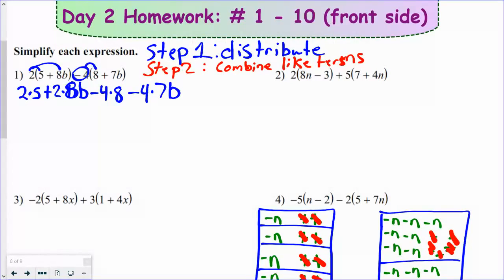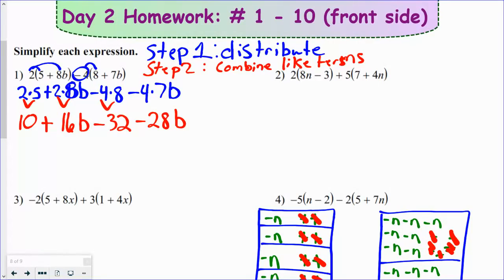So first I need to go through and actually multiply. 2 times 5 is 10. Plus my 2 times 8b. If I had 2 groups of 8 bananas, I have a total of 16 bananas. 4 times negative 8 is a negative 32. And then we have a negative 28 bananas.